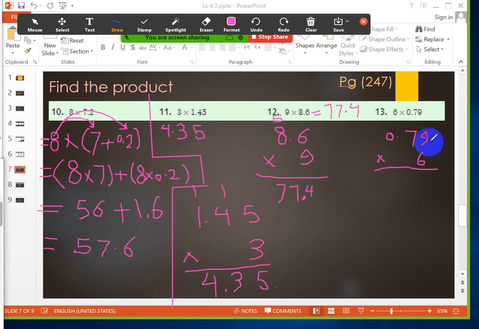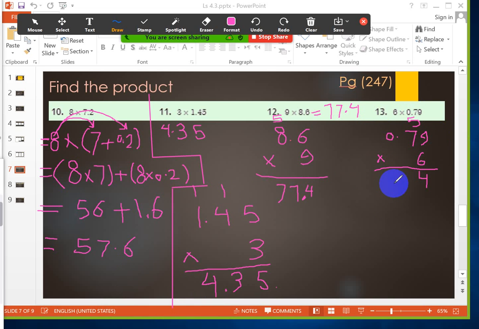6 multiply 9 equals 54. 54, very good. So I have to put 4 here and 5 above the 7. Yes, 6 multiply 7 equals 42, plus 5 equals 47.